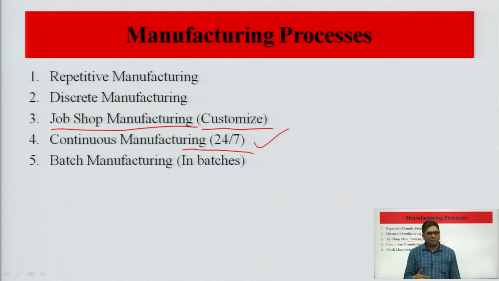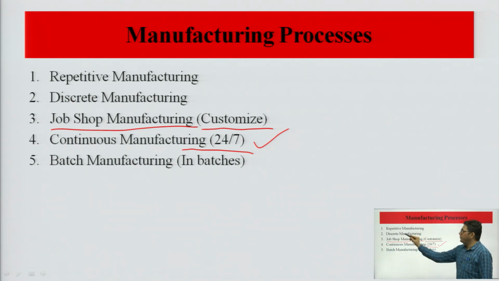So, unlike continuous and repetitive, your manufacturing process will be in batches; it will not be continuous. I repeat, in repetitive, the production or manufacturing will be continuous, and I told you that it is because production is expected to be high, or demand is there for a long span of time.